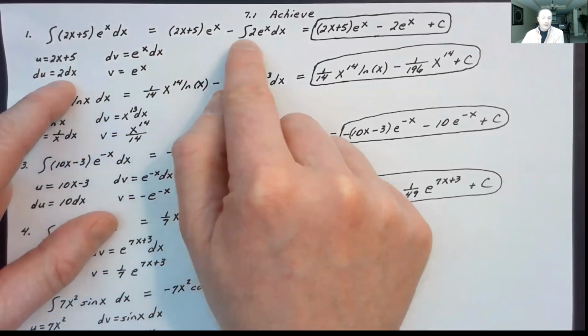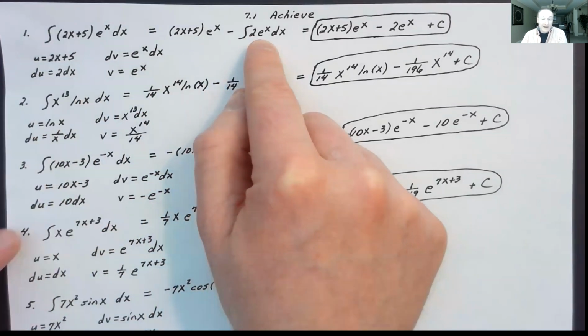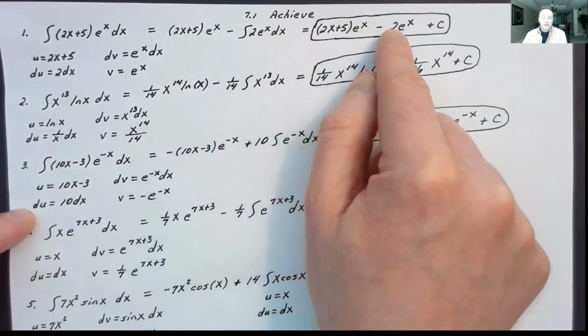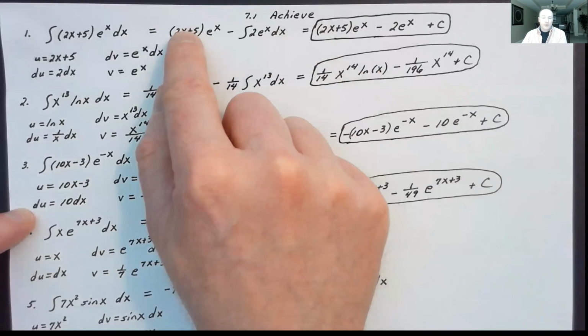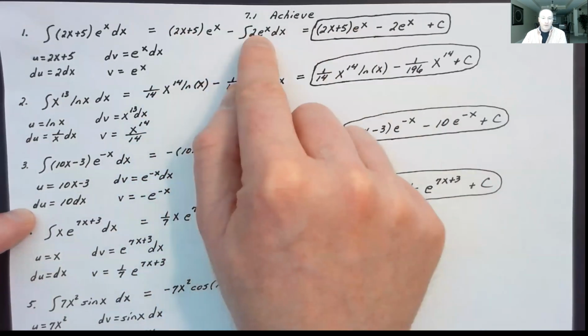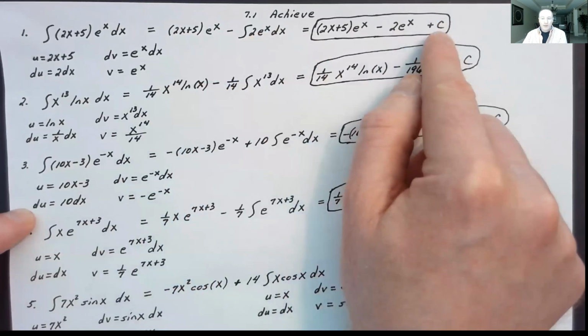Well, that's just the integral of 2 e to the x, and I know that the integral of e to the x is e to the x, so the integral of 2 e to the x is still 2 e to the x. So I get my original u times v, that's already part of the answer, and then minus 2 e to the x, plus your constant of integration, done.